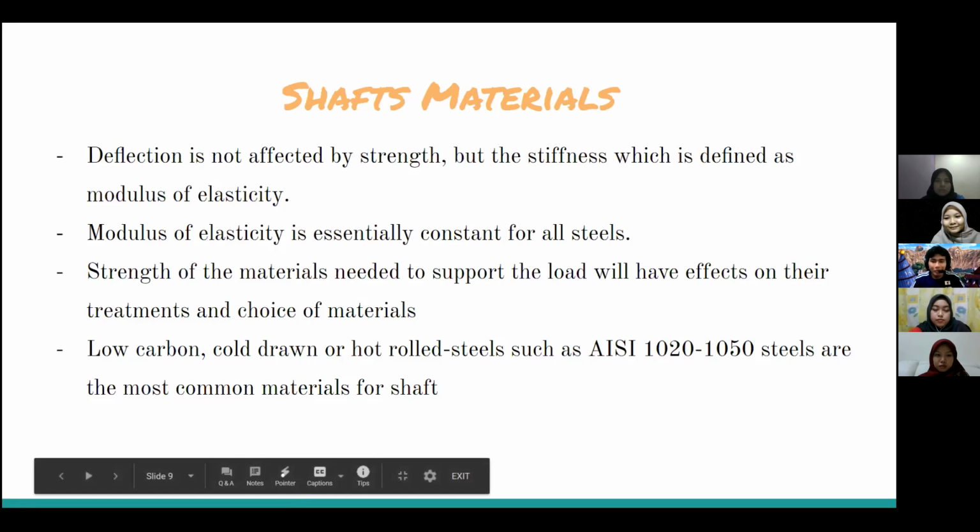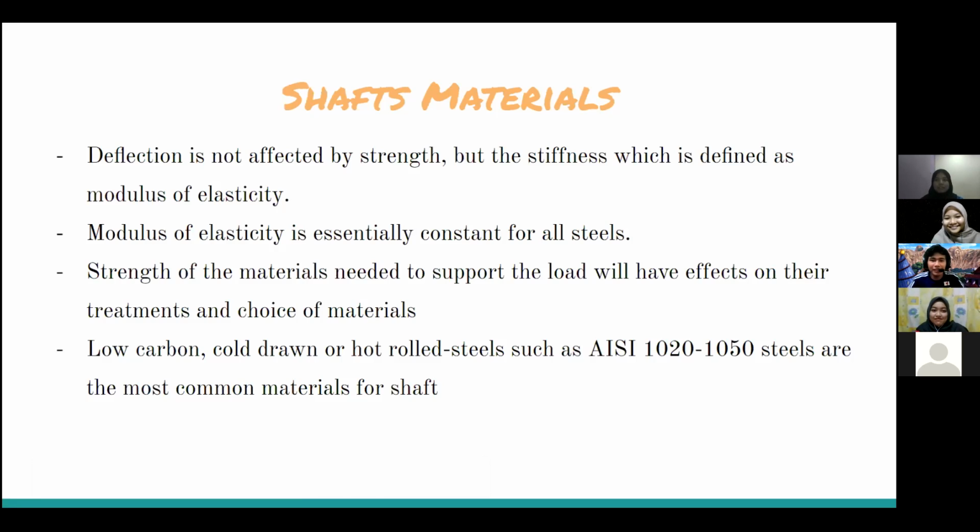So it is my part also, the shaft materials. Basically, deflection is not affected by strength, but by stiffness, which is defined by the modulus of elasticity. Modulus of elasticity is essentially constant for all steel. As an example, when a car is going down into a hole, it will have deflection of the front axle.